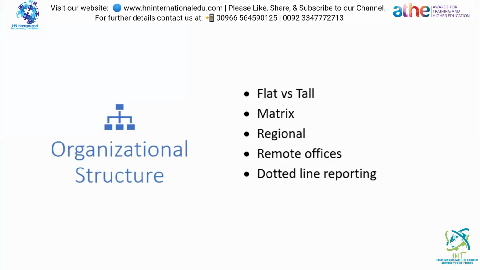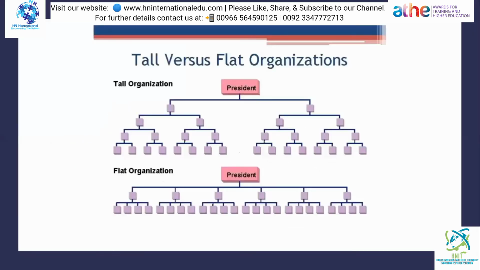The first one is flat versus tall. I have a picture over here as well. Tall structures are more of what we think of when we visualize an organizational chart with the CEO at the top and multiple levels of management. Whereas flat organizational structures differ in that there are fewer levels of management and employees often have more autonomy.